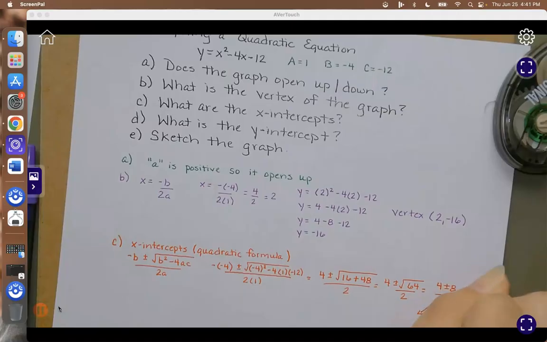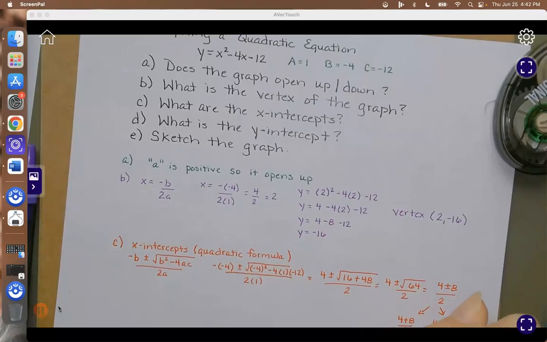Please remember that this breaks down into 4 plus 8 over 2 and 4 minus 8 over 2. Okay, so this is going to be 12 over 2, which is 6, and -4 over 2, which is -2.